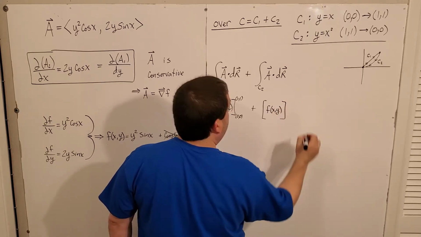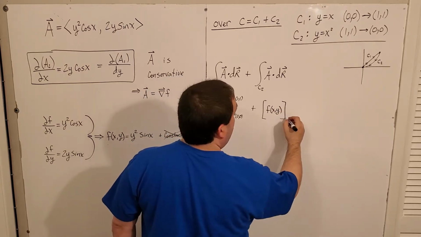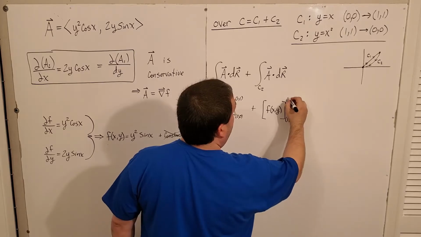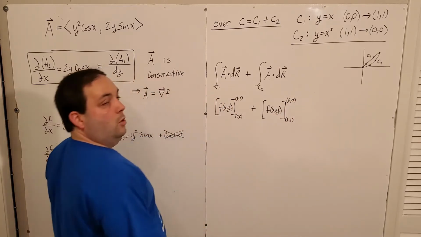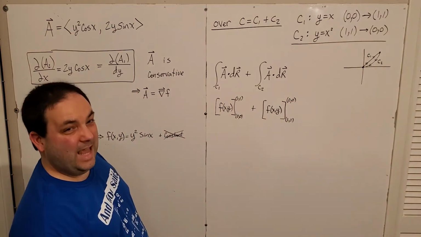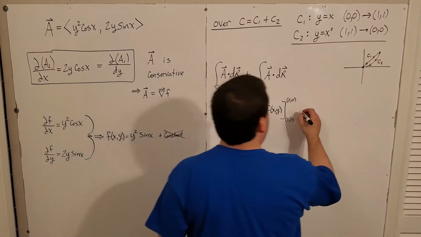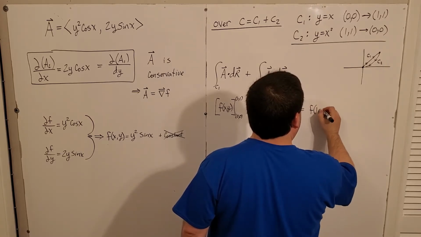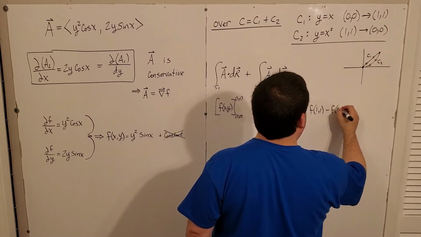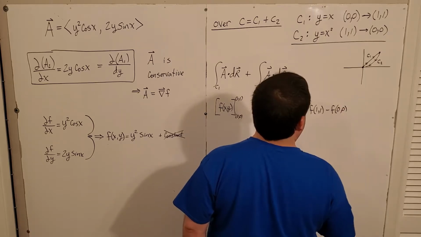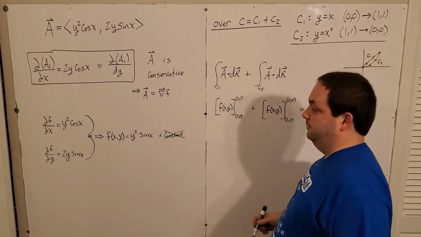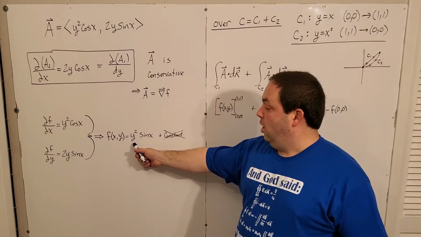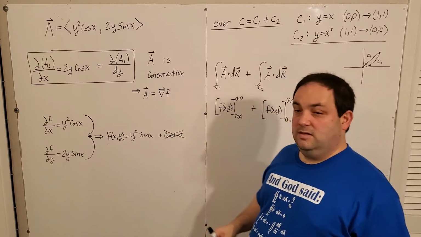So I can just go to this thing, but now it's being evaluated from 1,1 back to 0,0 because it's curve 2 and it's oriented that way, right? So I've got f of 1,1 minus f of 0,0. F of 1,1 is sine of 1.